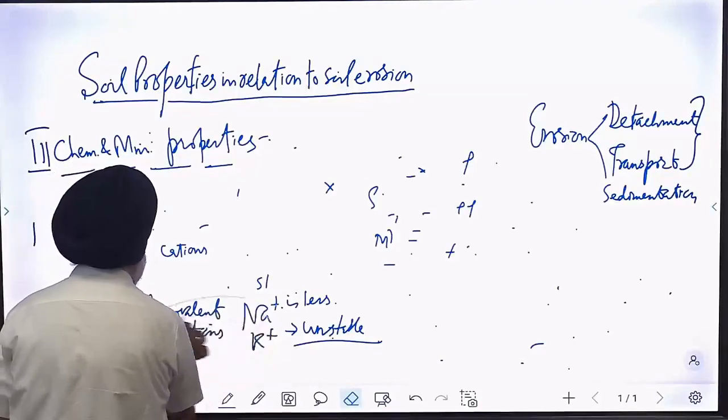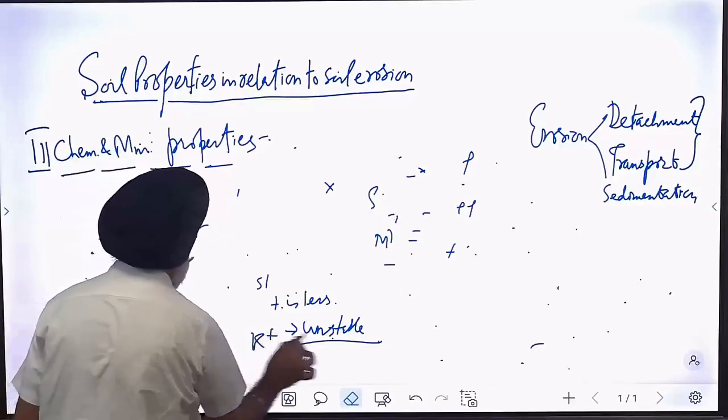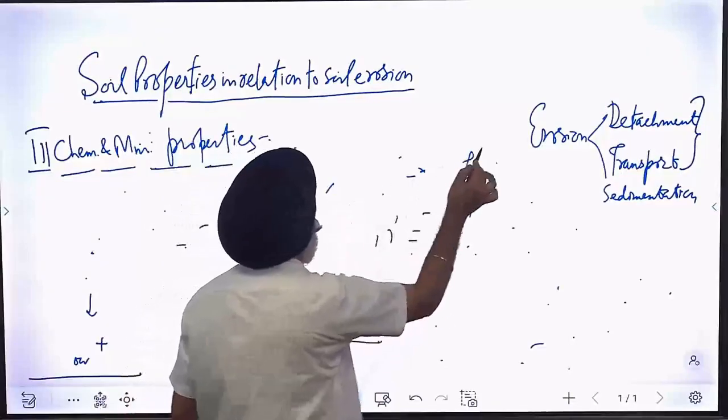Then another chemical effect is heat of wetting.